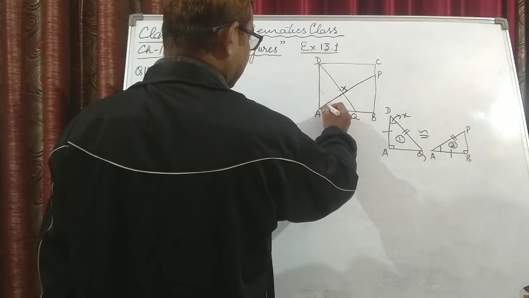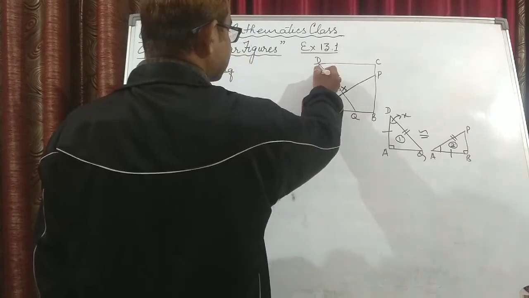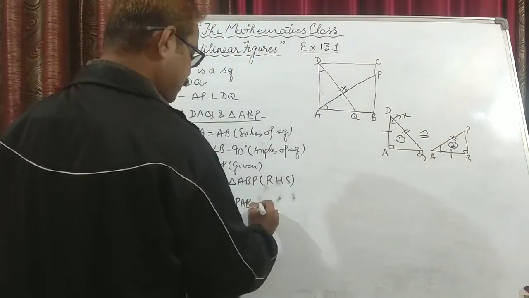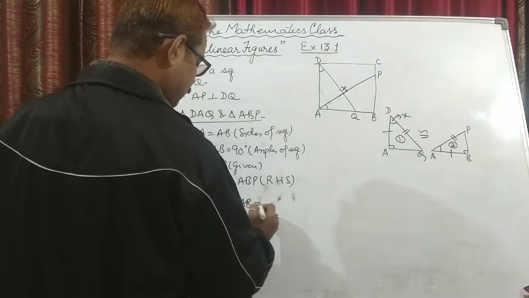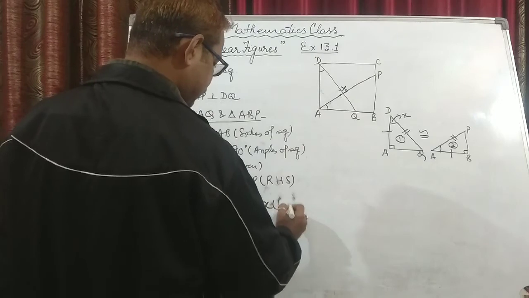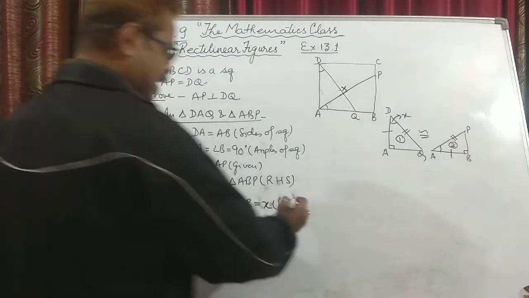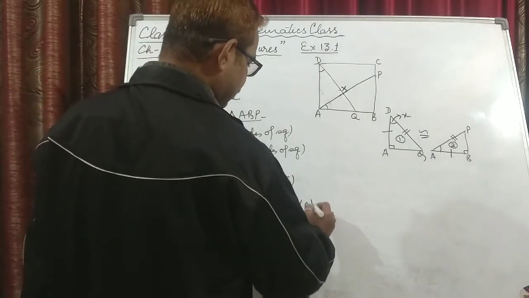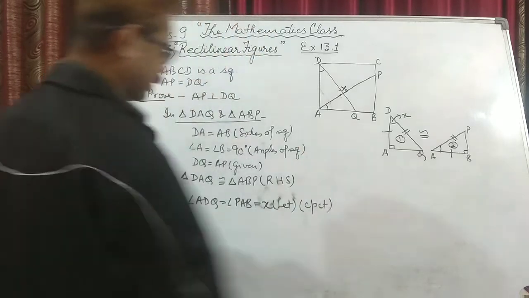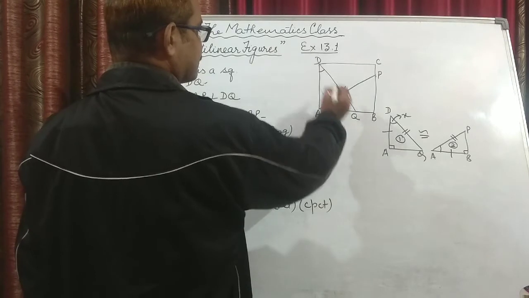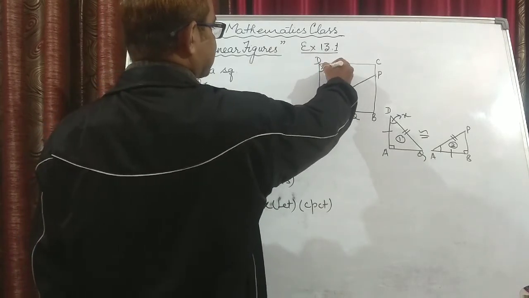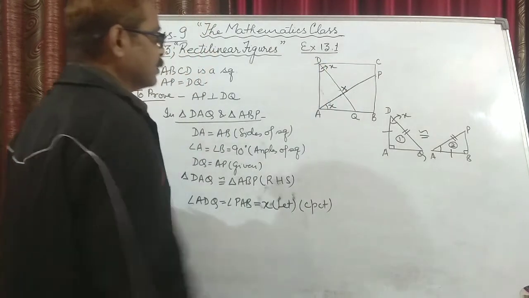PAB means this angle. This angle and this angle are equal. Why are they equal? Let this be equal to X, and I am writing "let" because we have assumed their value as X. And why are they equal? By CPCT.